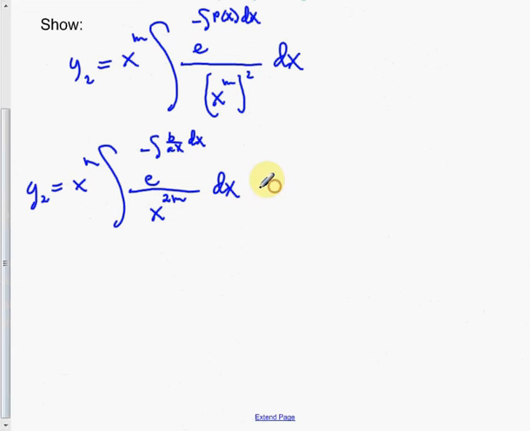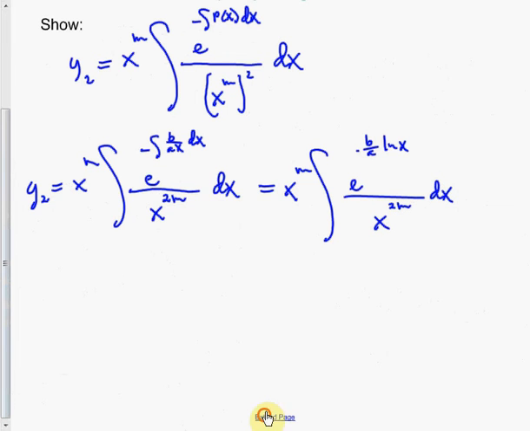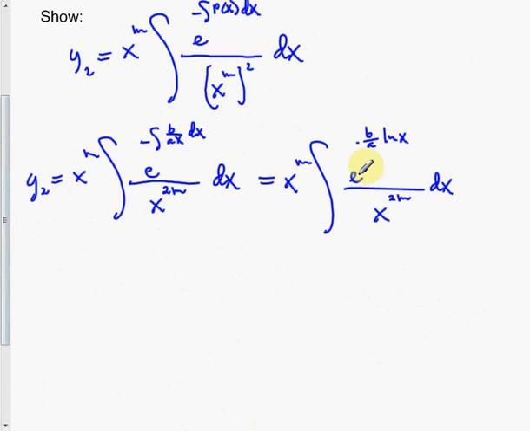So we integrate up there, and we get x to the m times the integral of e to the negative b over a times the natural log of x, all over x to the 2m dx. Now, this e to the negative b over a natural log of x can be simplified if I write negative b over a as the exponent of x.